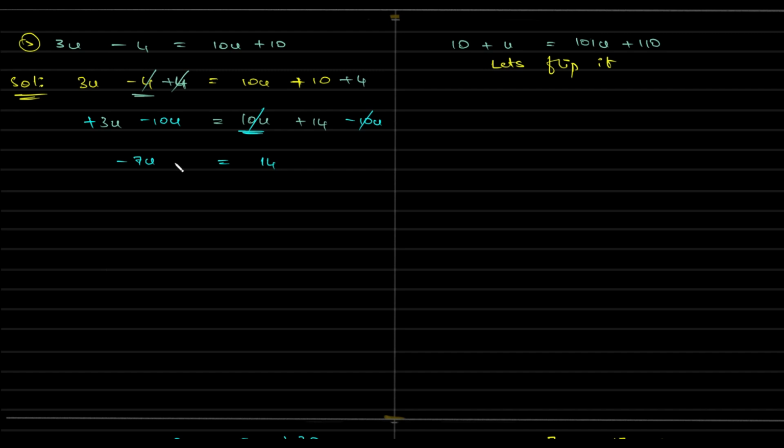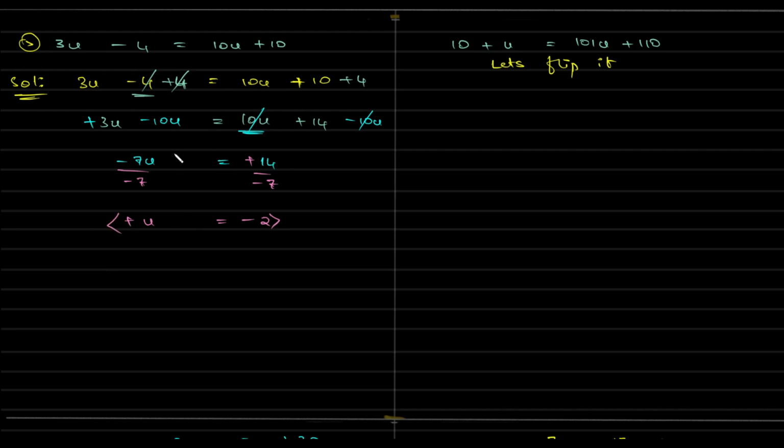Next, how do you eliminate -7? We will divide with negative 7. So negative negative is positive, u is equal to positive divided by negative is negative, 14 divided by 7 is 2. I said 2, right? It's u, that's what I meant, is equal to negative 2.